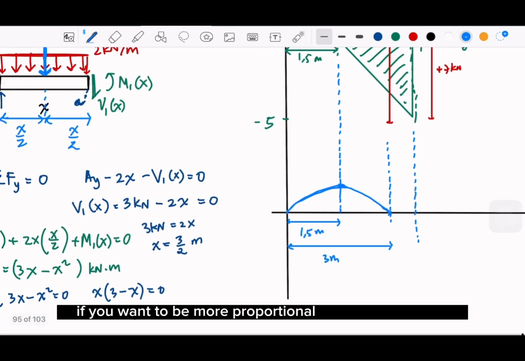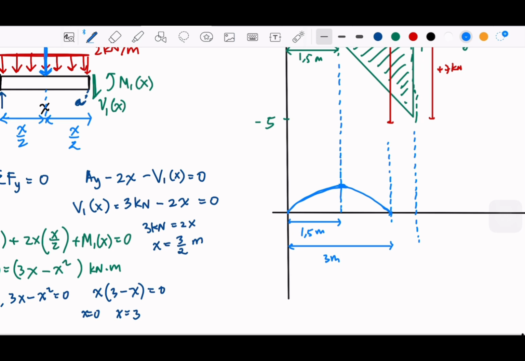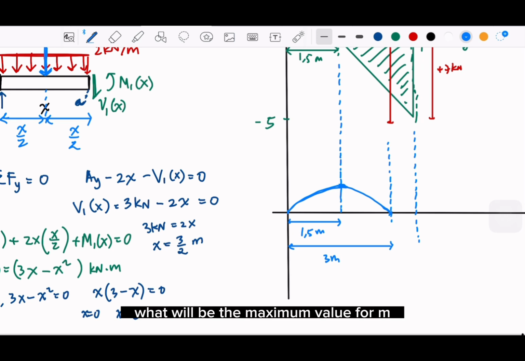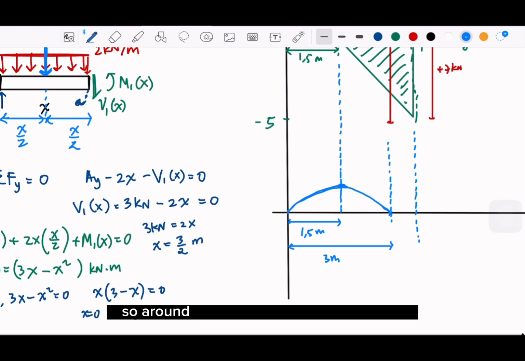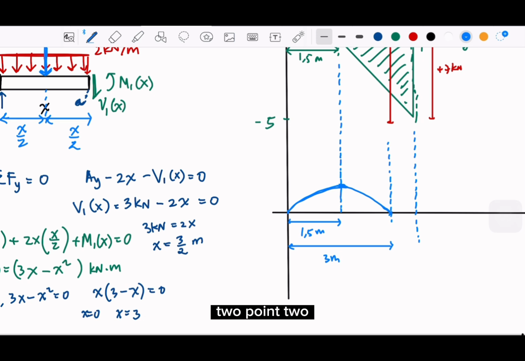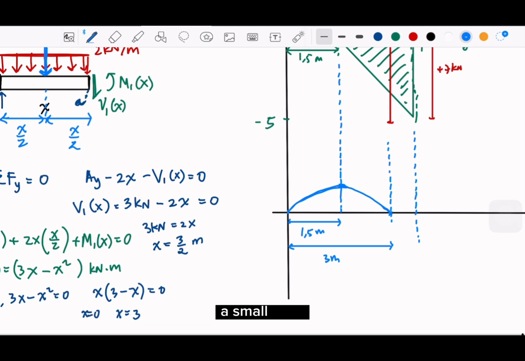If you want to be more proportional, you can also check the point at 1.5, what will be the maximum value for M? You can check here. I think at 1.5, 4.5, so around 2 or 2.25, so 2 point something, 2.3 maybe. Probably this is it, yeah, probably here. So it should be a small value there.